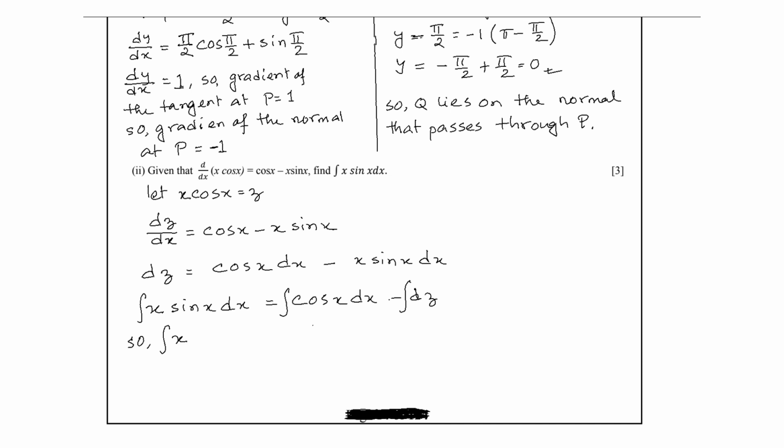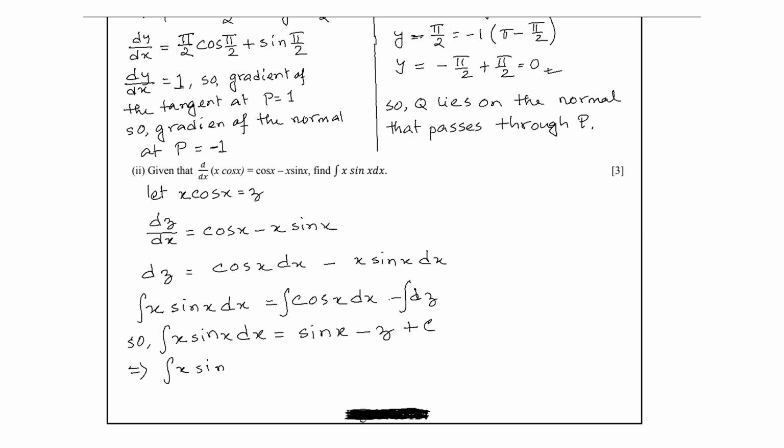x times sin x dx equals the integration of cos x dx, which is sin x. So let's write sin x, then the integration of dz is z, so we can write minus z plus the integral constant c. But z is x times cos x, so let's use this.